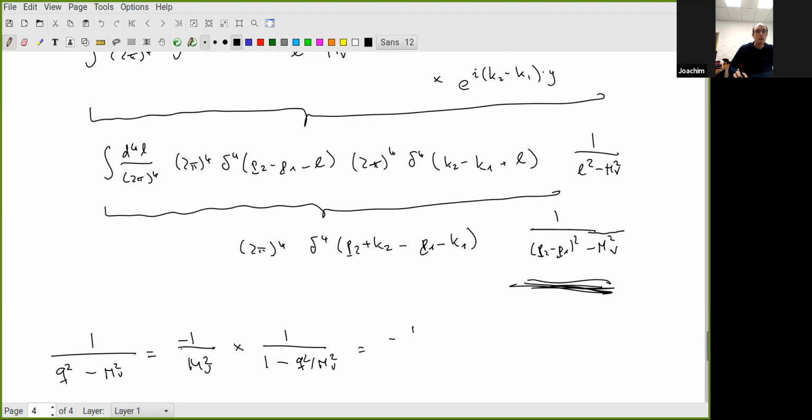And that's just minus 1 over m_V squared times, and now this is just a geometric series, so that's 1 plus q squared over m_V squared plus higher terms, but we neglect all these terms. We just keep the 1. So we just keep the 1 over m_V squared piece.